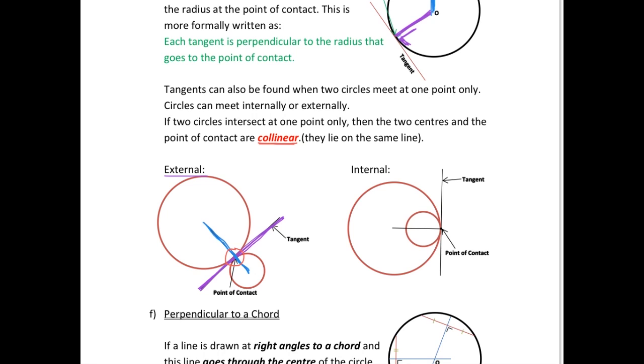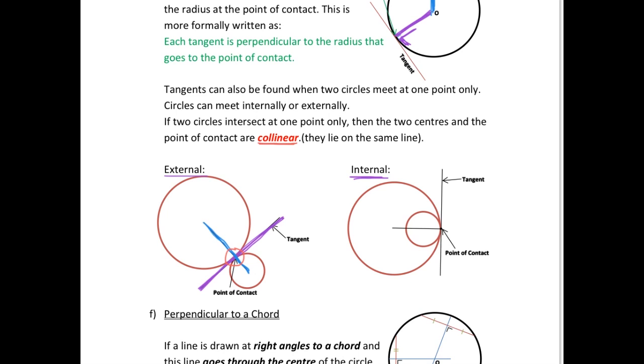Just as in the external case, if we look at the internal case, our two circles are not touching on the outside; one is inside the other, but they still only have one point of contact over here.